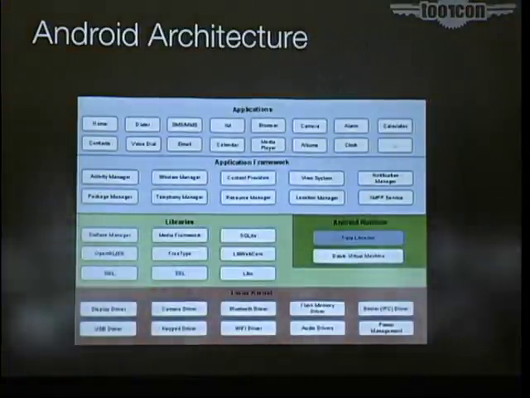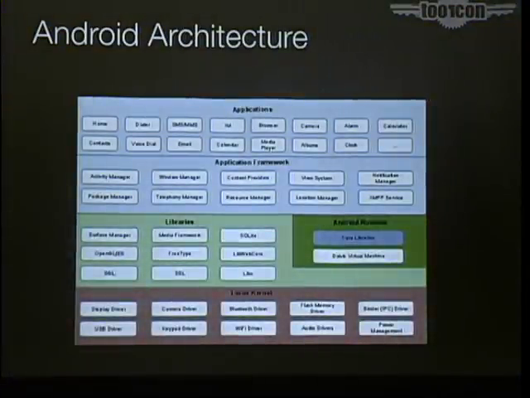So this is the Android architecture, which is based on levels. At the bottom level, we have the Linux kernel, which is at the core. Everything that runs on Android is supported by the Linux kernel. Above that, we have some libraries like WebKit.